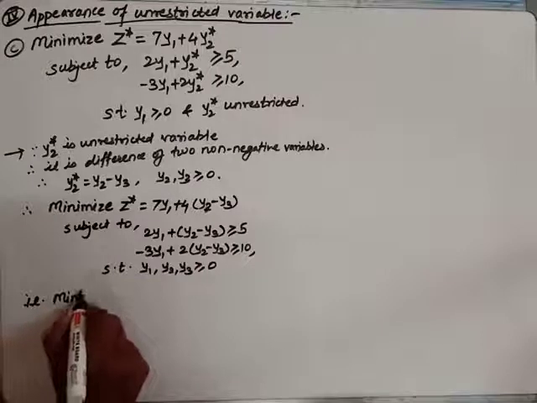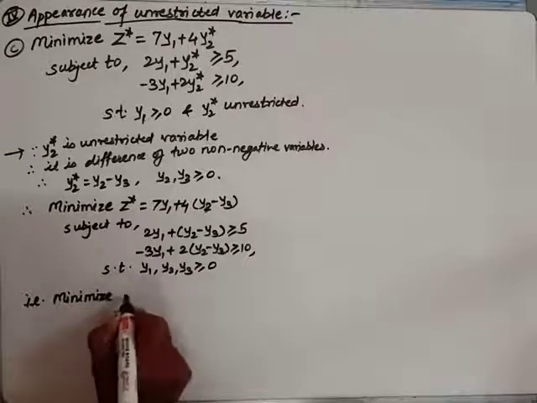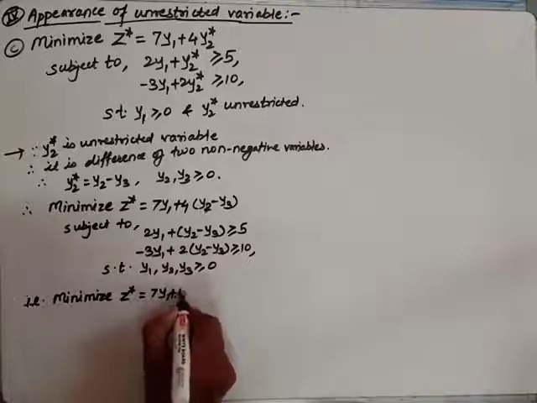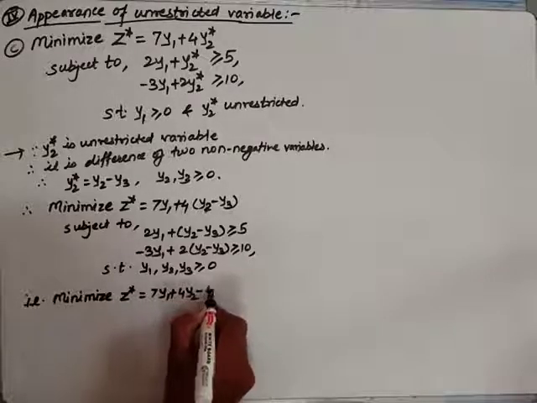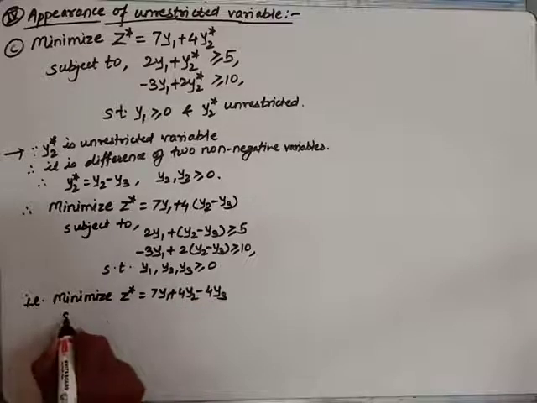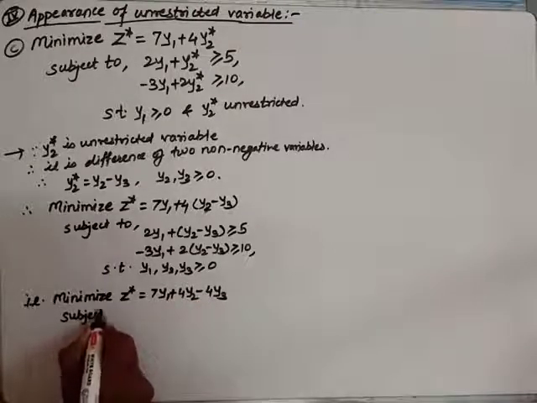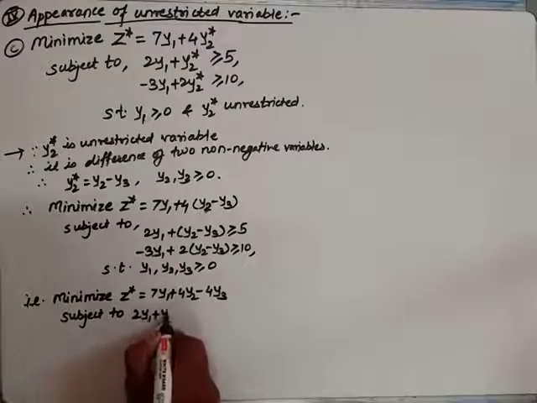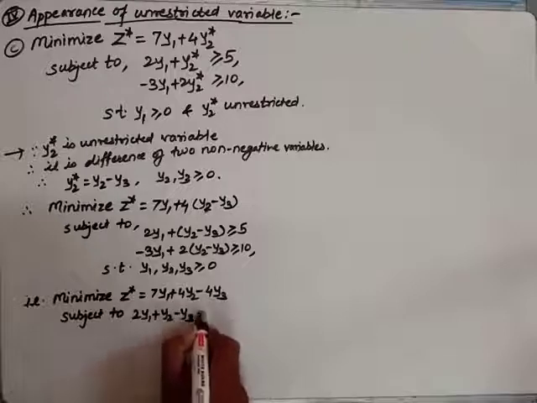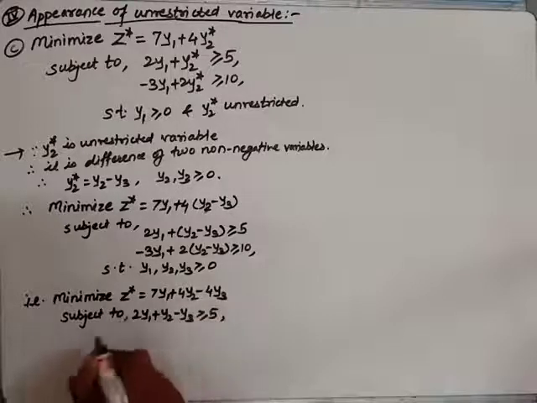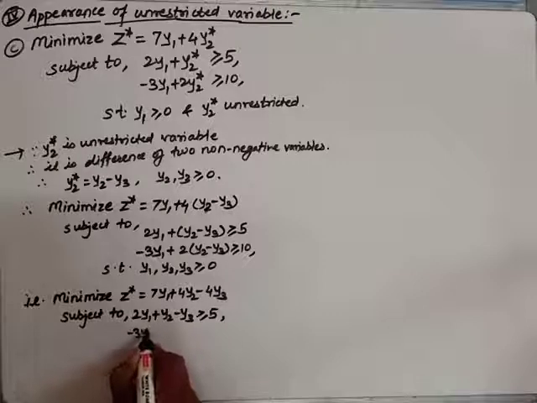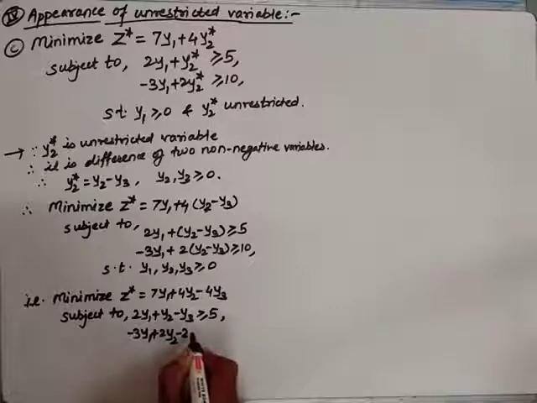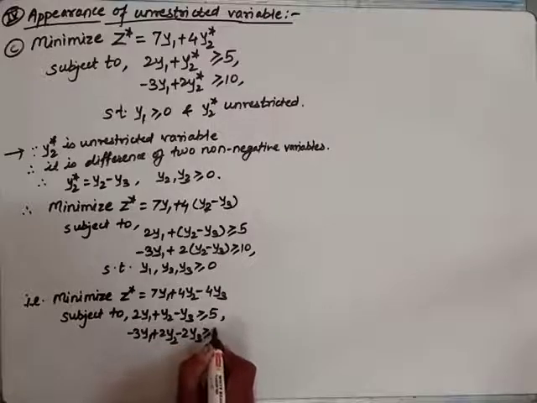Now the same thing can be written as minimize z star equal to 7y1 plus 4y2 minus 4y3 subject to 2y1 plus y2 minus y3 greater equal 5. Here minus 3y1 plus 2y2 minus 2y3 greater equal 10.